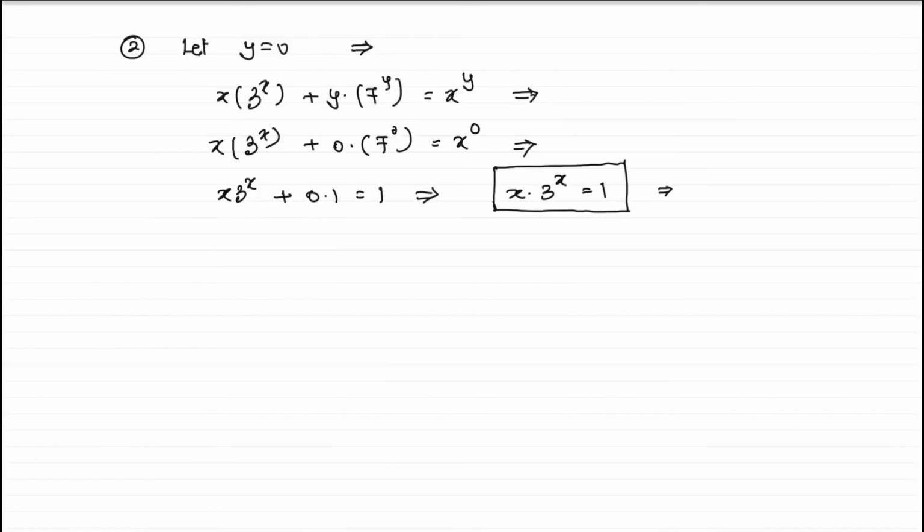Hence, let's go for trial and error method. In the trial and error method, let us find out between which intervals this particular equation will be solvable or will get satisfied approximately. Now, trial and error method.